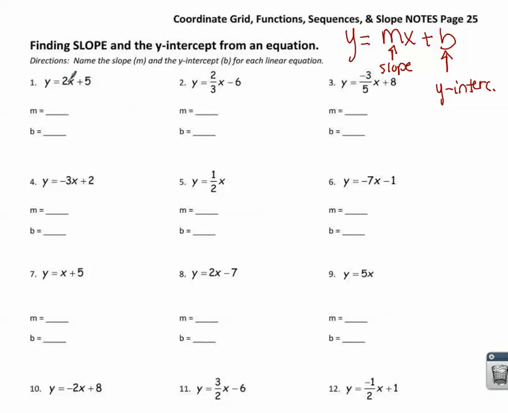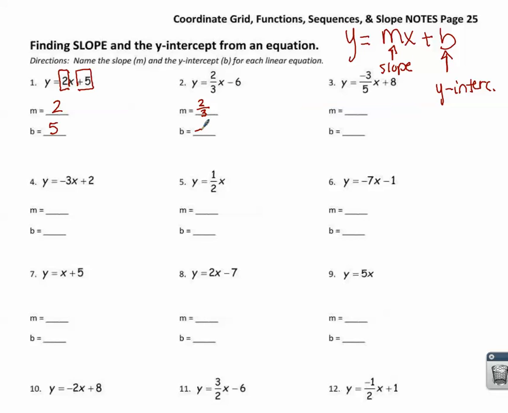So in this case, the slope, which is the coefficient of the x, is 2, and the y-intercept, which is the constant, remember to include the sign in front of it, is 5. For problem 2, your coefficient of x, or the slope, is 2/3.